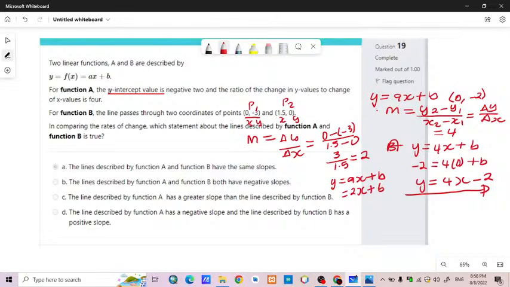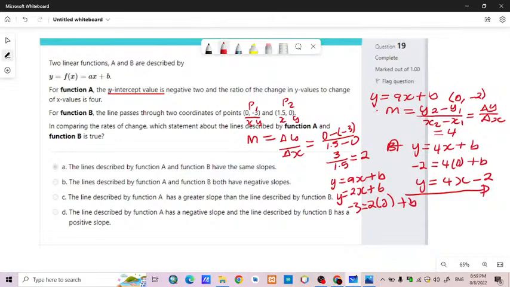Then we take any of the 2 points. Let's take the point (0, -3). So y is -3 equals 2 times x, in this case also 0, plus b.